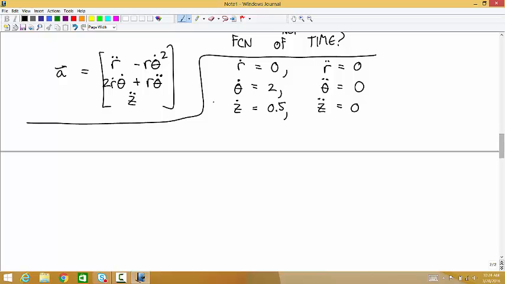Okay. So now we just have to plug these into this formula. The acceleration vector is equal to 0 minus 5, that was r, times theta dot squared.